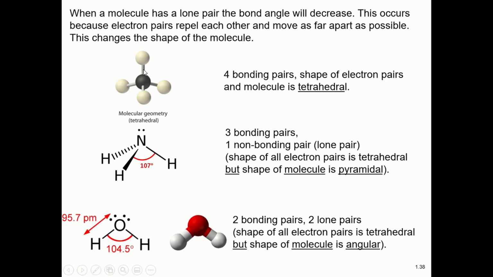Changing one of these bonding pairs to a non-bonding pair has decreased the bond angle to 107. Adding in another non-bonding pair and removing a bonding pair again has given me 2 non-bonding pairs and 2 bonding pairs, with that bond angle being 104.5 degrees. So it's pushing them ever so slightly closer together because there is a greater repulsion to the lone pairs.